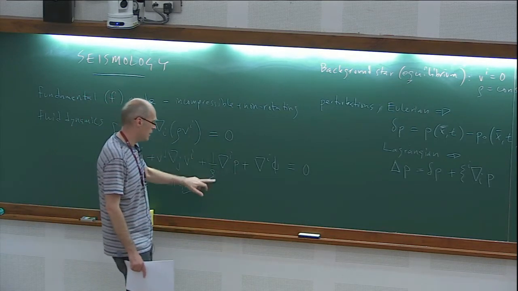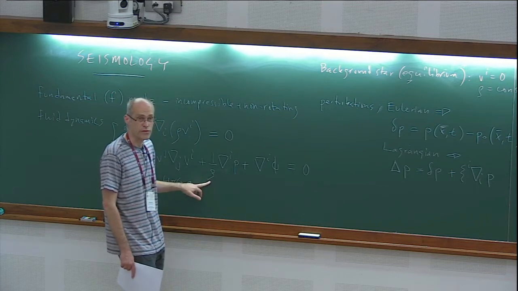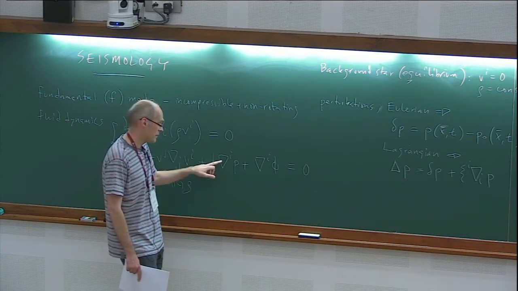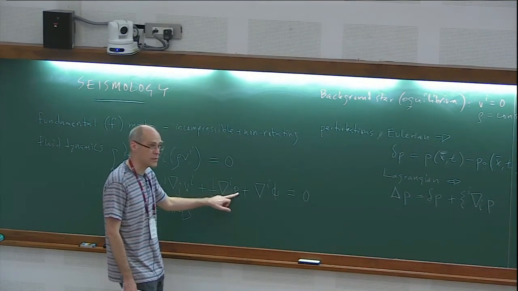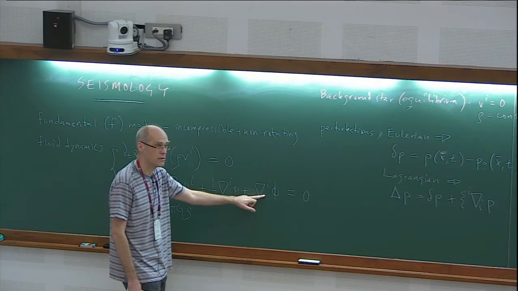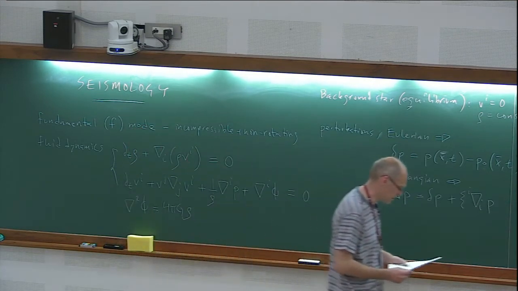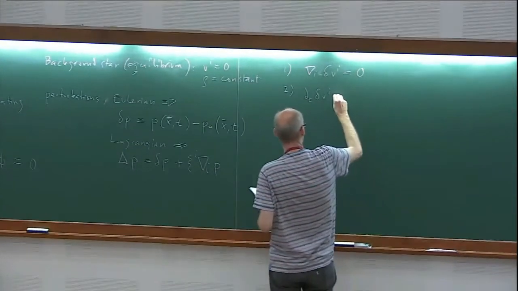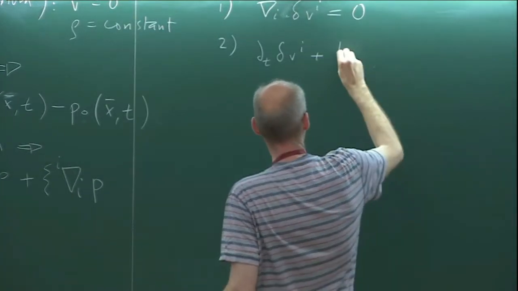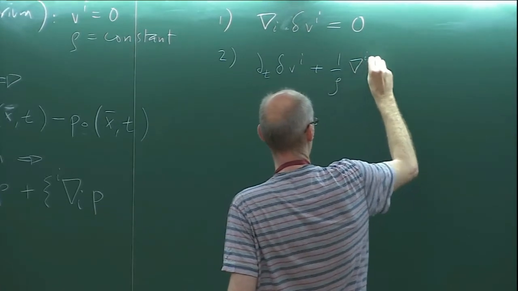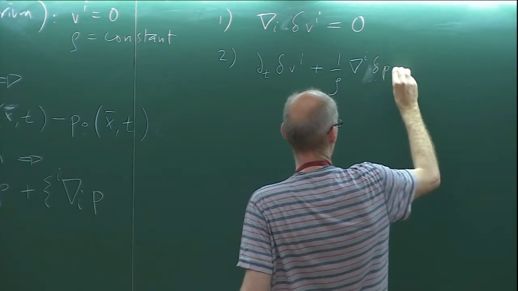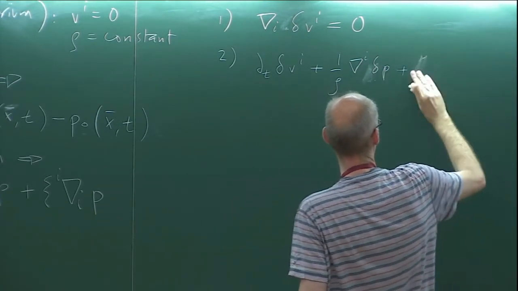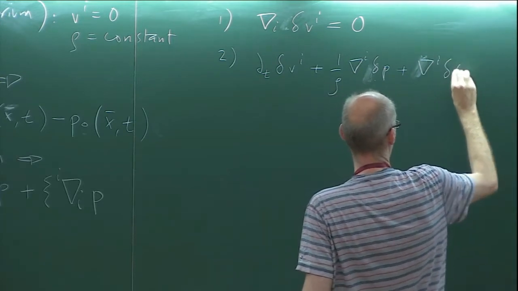And then this density was constant, so that doesn't do anything for me. The only thing I get is, again, commute this, get a delta p, and over here a delta phi. Okay, so that's also much easier. So then I get ∂t δv_i plus 1 over rho grad δp plus grad δphi.